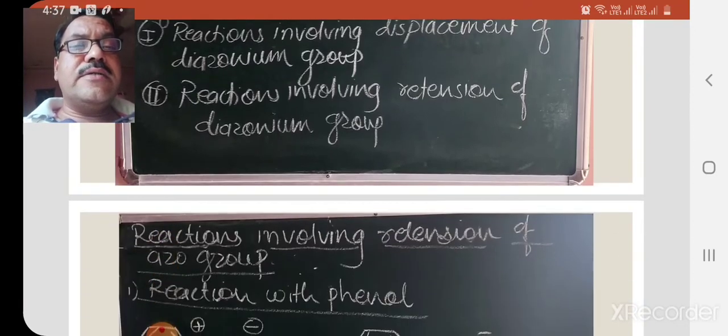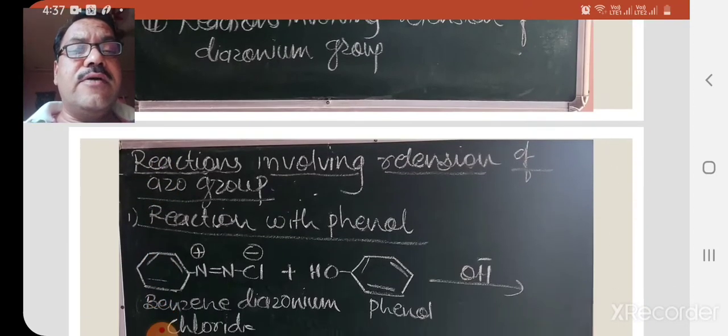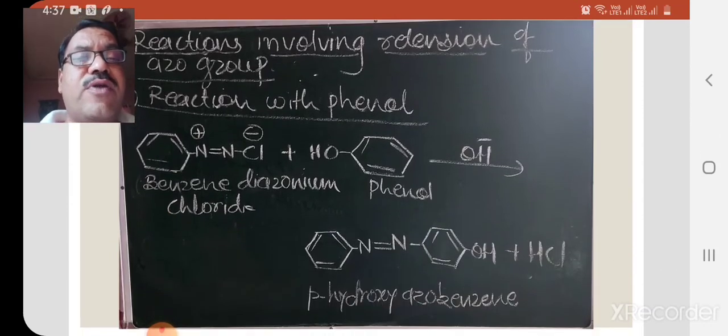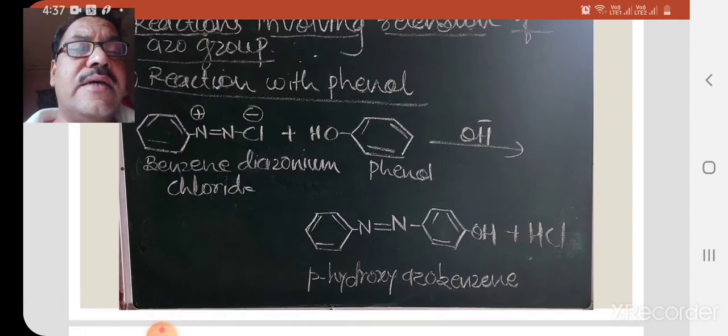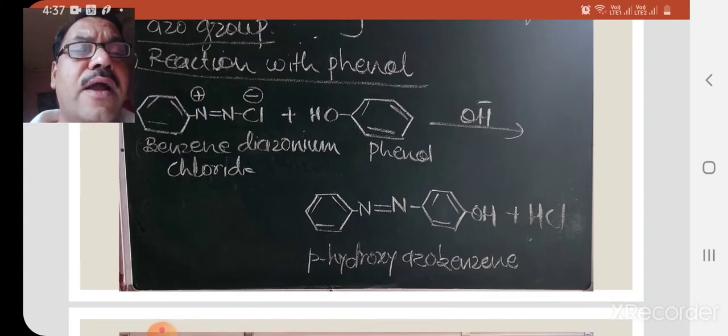So in this second type of reaction, the first reaction is the reaction with phenol. When benzene diazonium chloride is reacted with phenol in the presence of alkali or base like NaOH or KOH, the chlorine and hydrogen get eliminated and para-hydroxyazobenzene is formed.